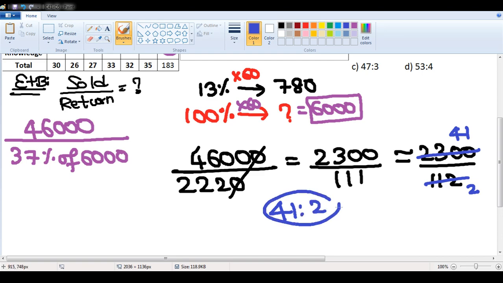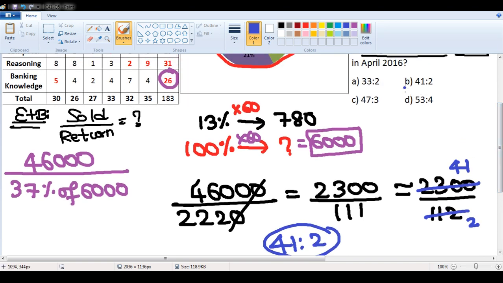Ratio approximately is 41 is to 2. I hope it is clear. Approximate value is 41 is to 2.